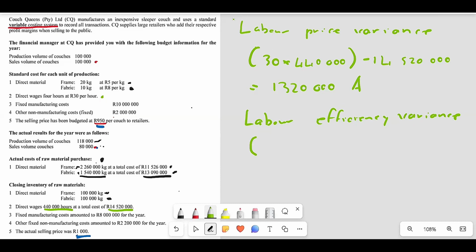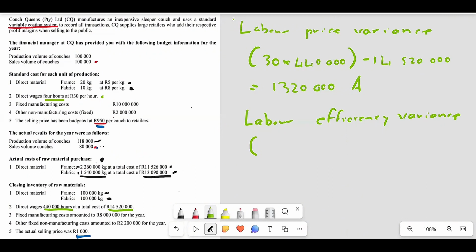And your budgeted hours would be, we budgeted to use 4 hours per unit, right? So we have actually used 4,000 hours, right? So now we have to calculate our efficiency variance.